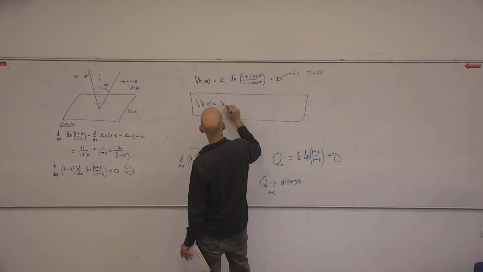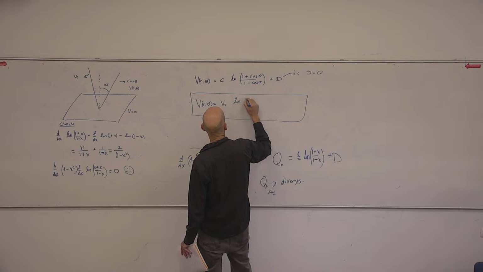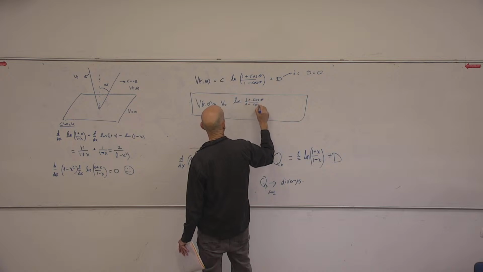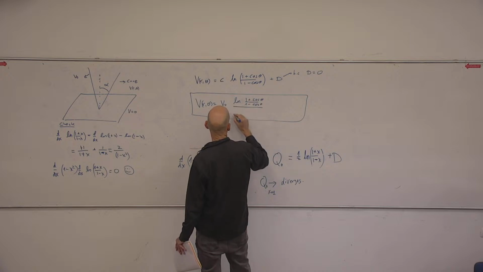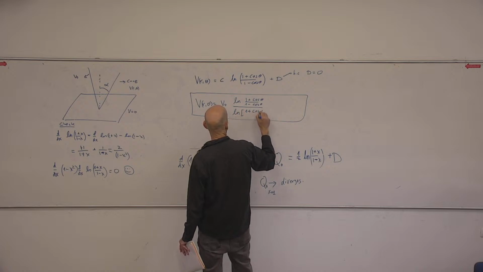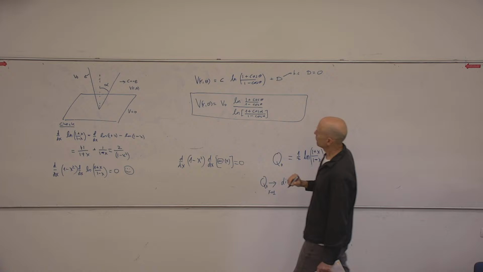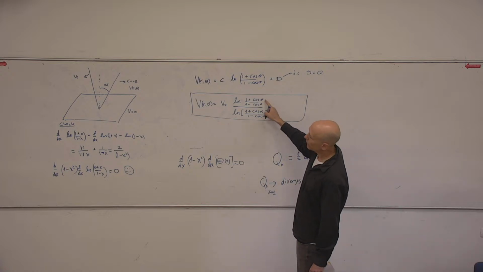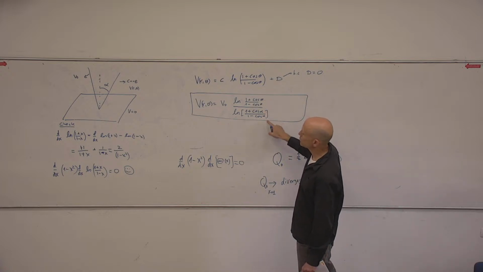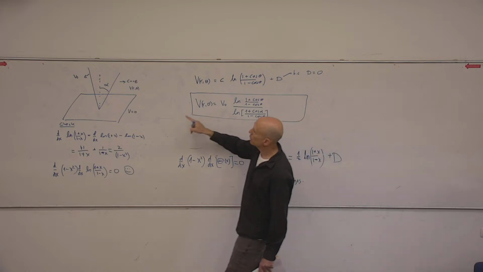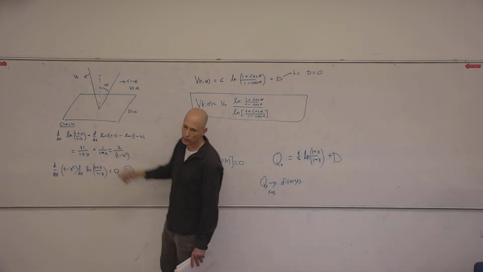It's V0 log 1 plus cosine theta over 1 minus cosine theta divided by what? The same just with alpha. Exactly. Cosine alpha 1 minus cosine alpha. This is a beautiful solution. Because you see, when I plug in theta equal alpha, it will be 1 over 1. That will give you V0, which is the boundary condition that I applied.